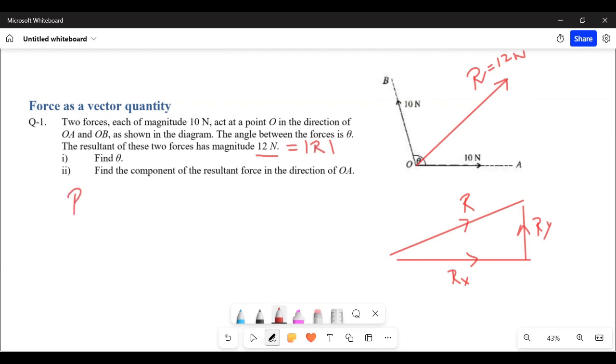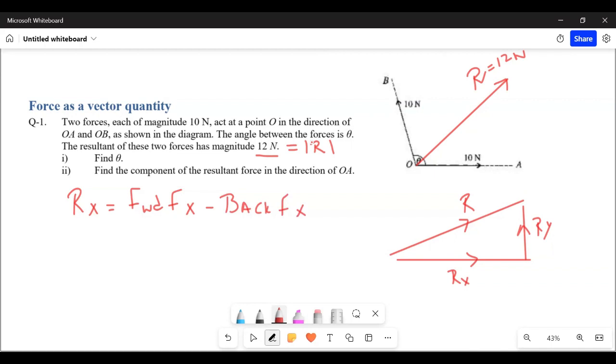Remember, the X component is equal to the forward force in the X direction minus the backward force in the X direction.